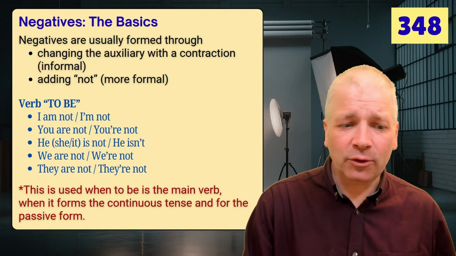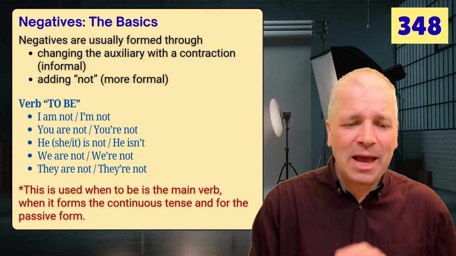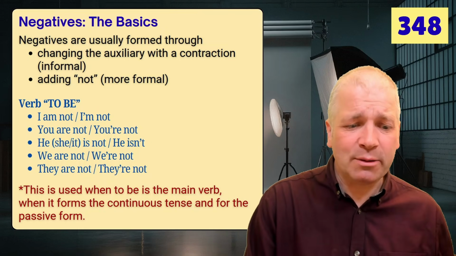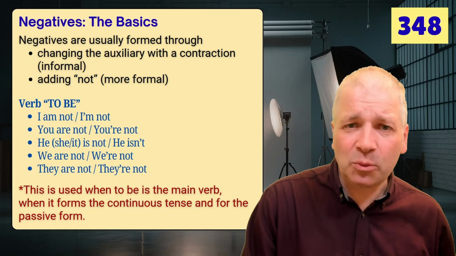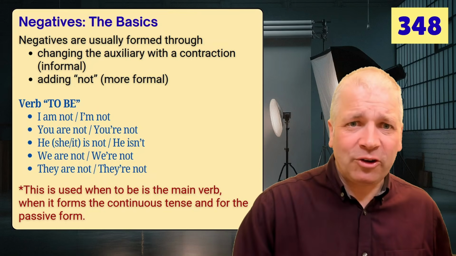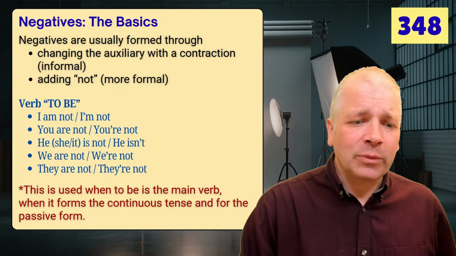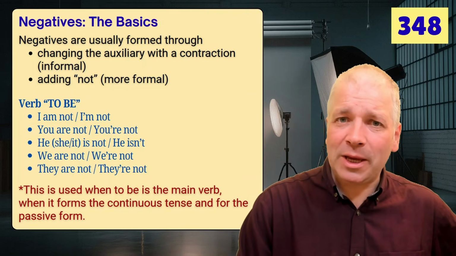They are not, they're not. And this is used when to be is the main verb, when it forms the continuous tense or for the passive form. Three reasons why we're using to be, and we could do this negative thing or contractions with not or forming a negative in the ways shown here for the verb to be.